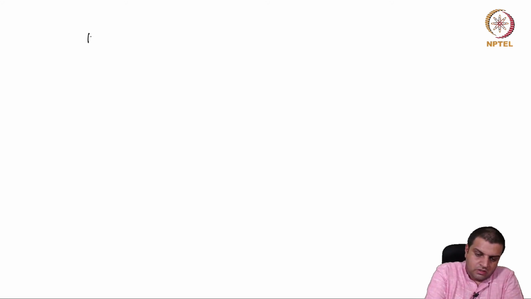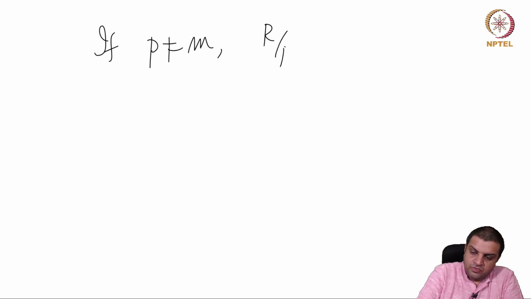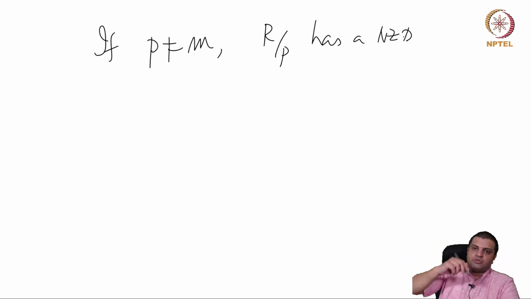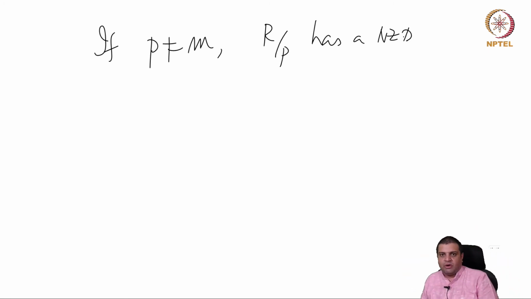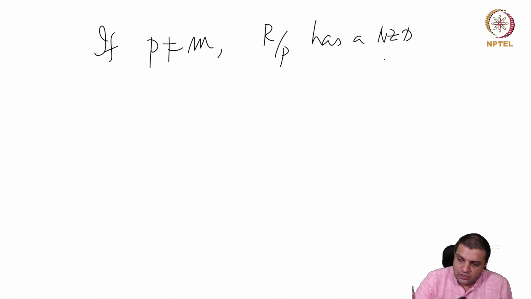I mean, if P is not the maximal ideal, R mod P has a non-zero divisor, and then we have reduced to the previous case, the case where the module has a non-zero divisor, which we have already addressed.